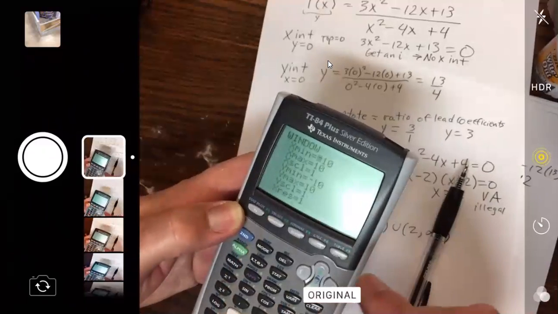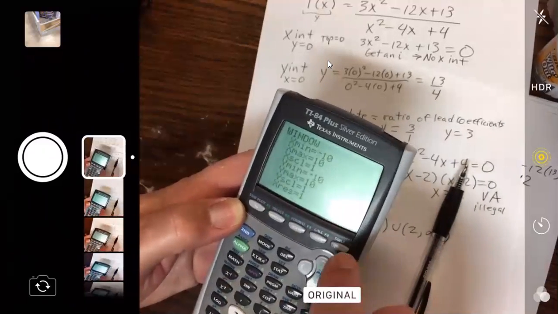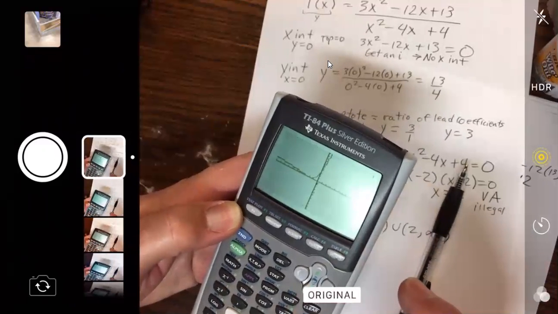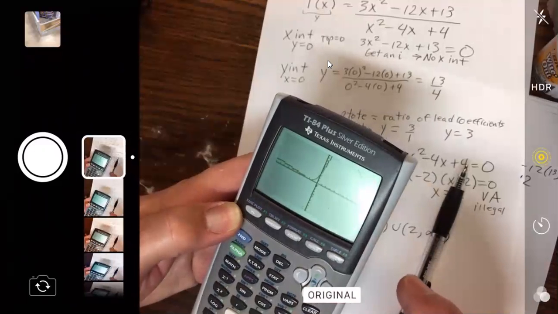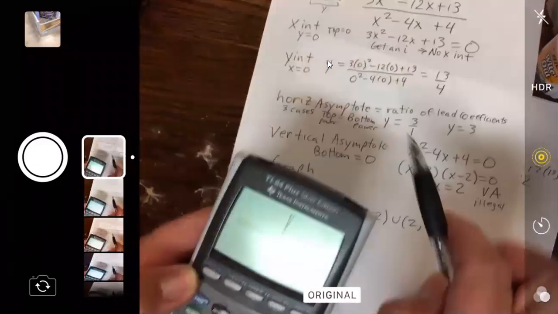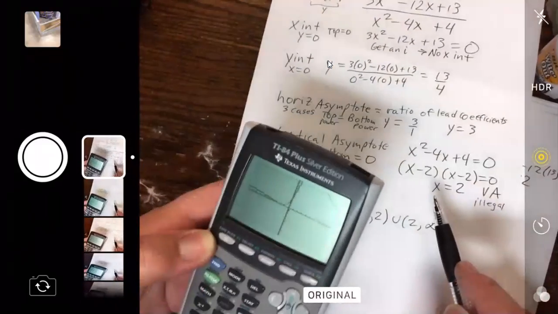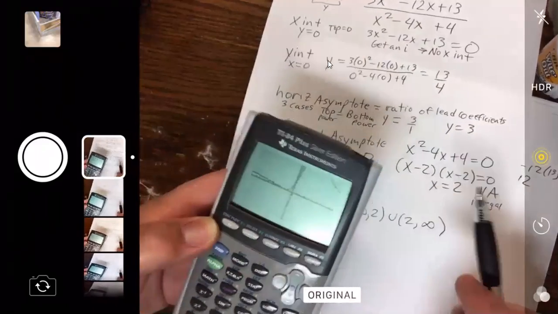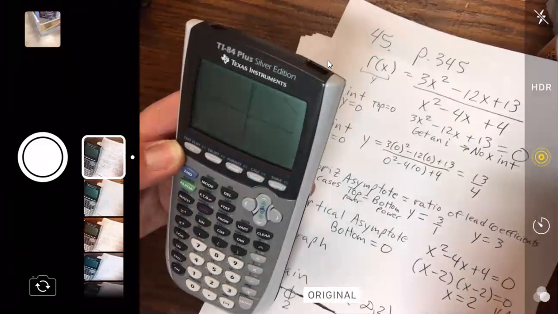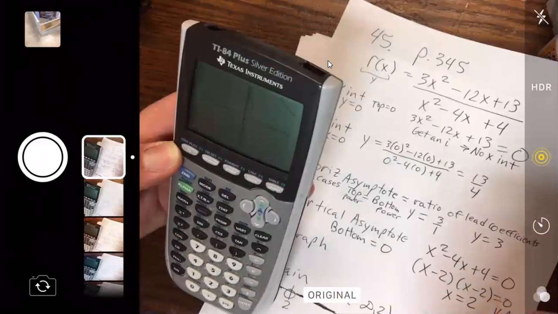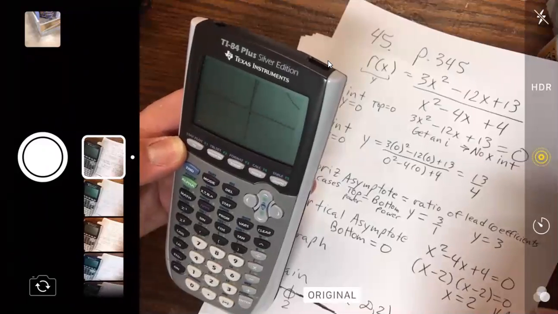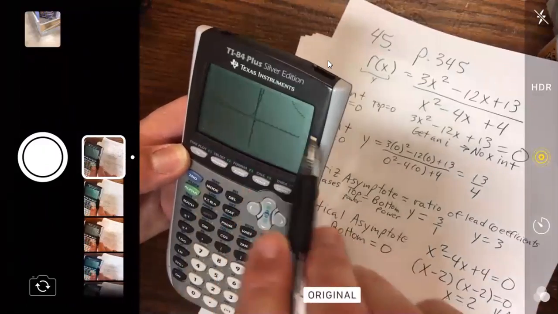I guess we'll keep the same window unless I need to see something more, and graph. Okay, looks a little strange, but if you look for these pieces, it can kind of help. Let's see the y. That should be bending over and down.